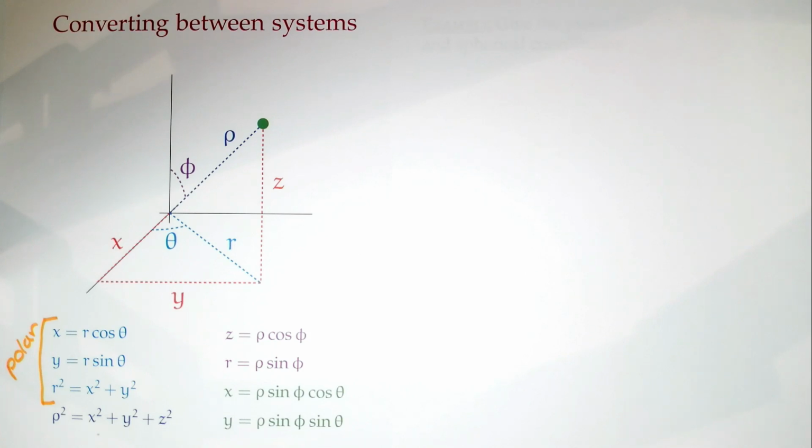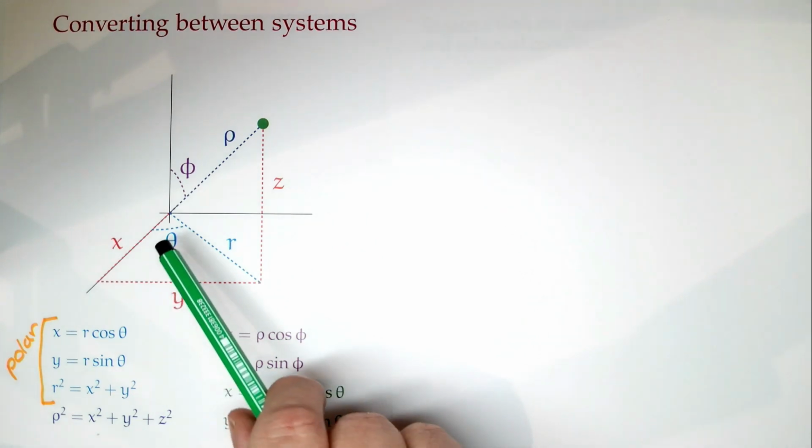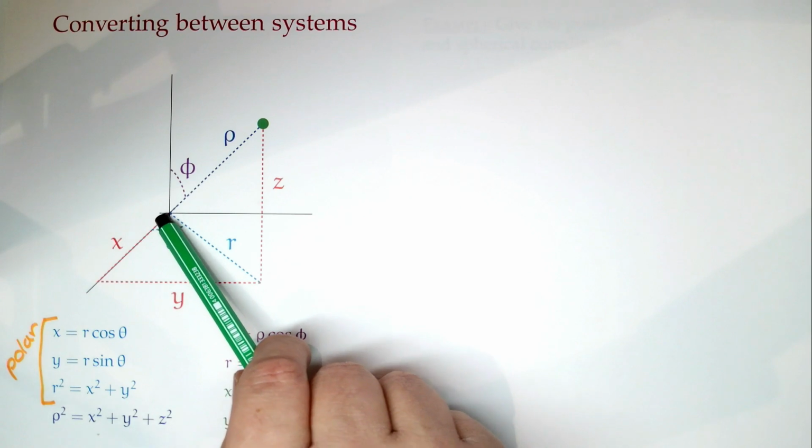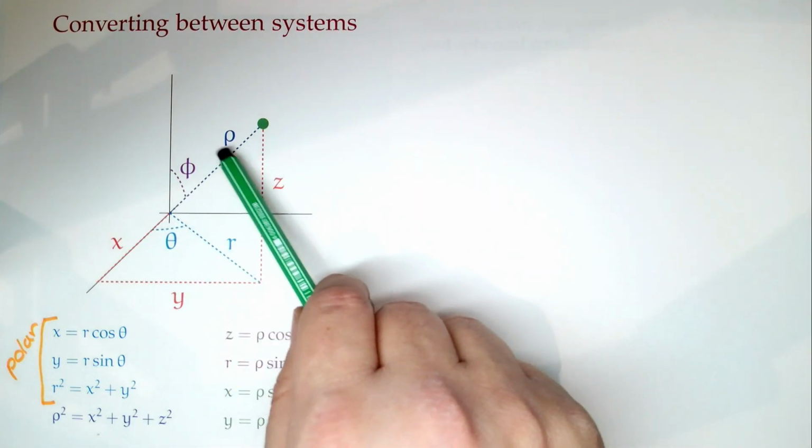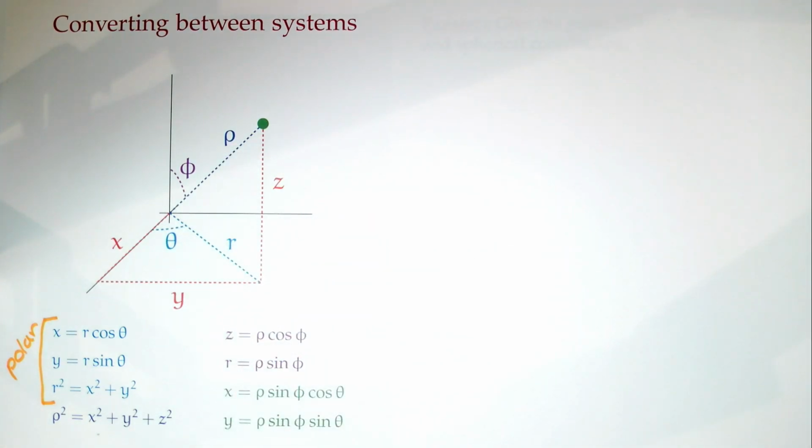Okay, well that's not so bad. What about the next equation? Rho squared equals x squared plus y squared plus z squared. Well, what's that? Well, what's happening is I'm measuring the distance, rho, and I'm saying, well, how far out is it?